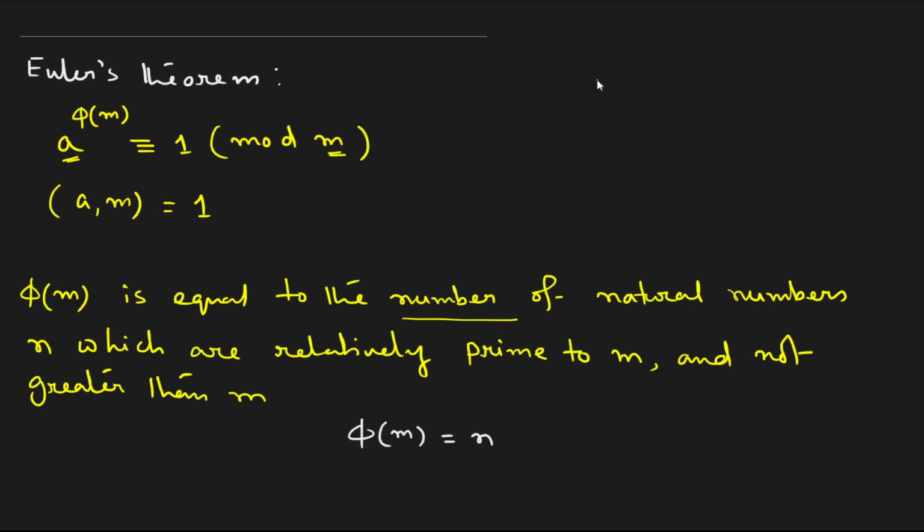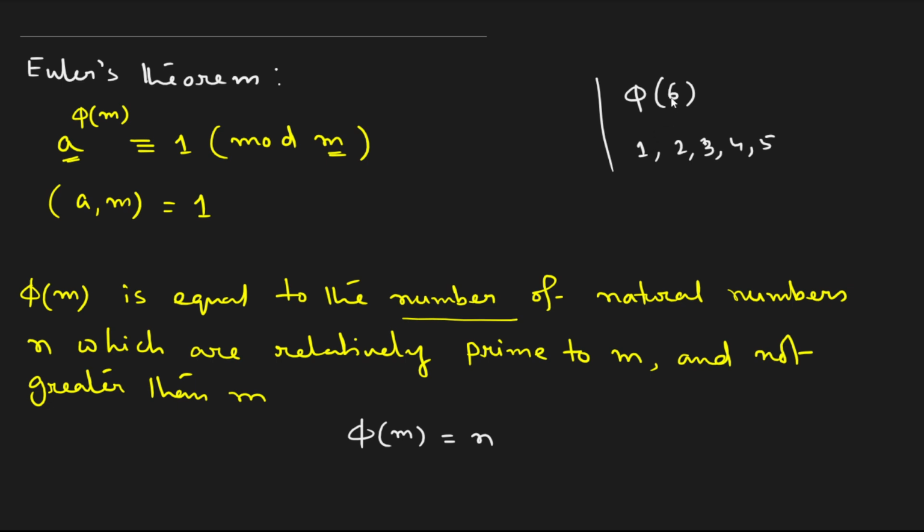Let us take a number, then you will understand. Suppose phi of 6. We have to take numbers not greater than m, so 1, 2, 3, 4, 5. Now we have to check which natural numbers have HCF 1 with 6.